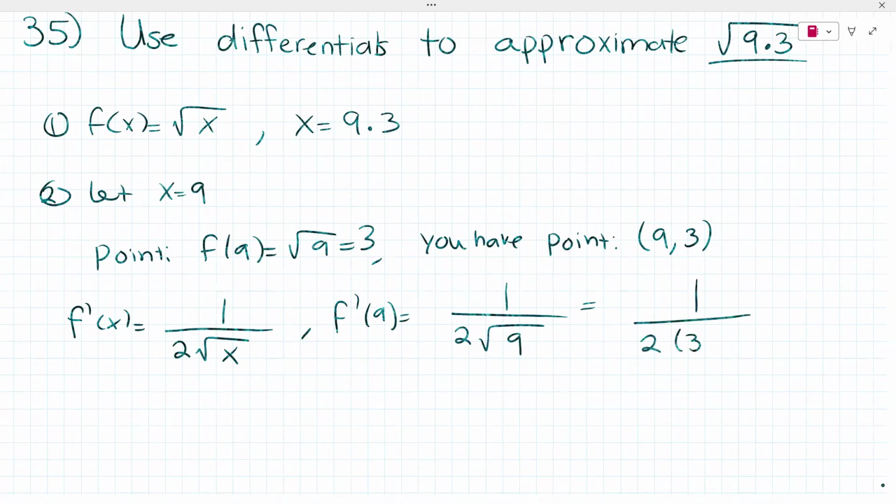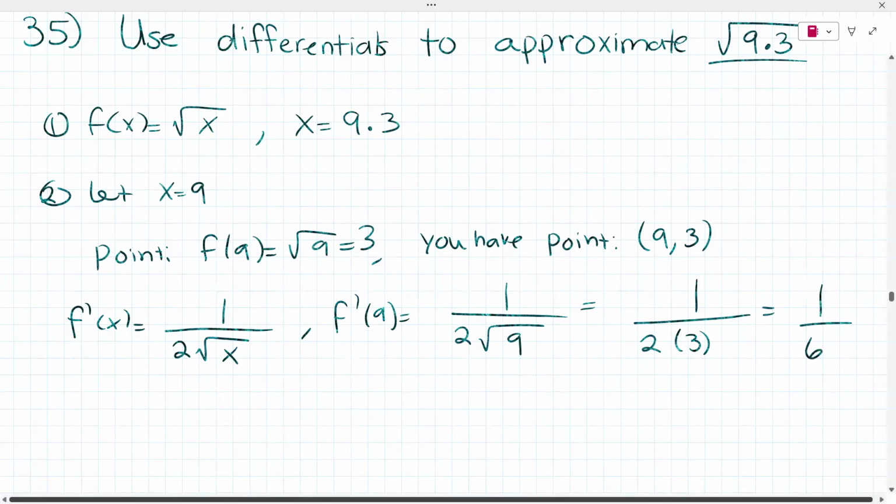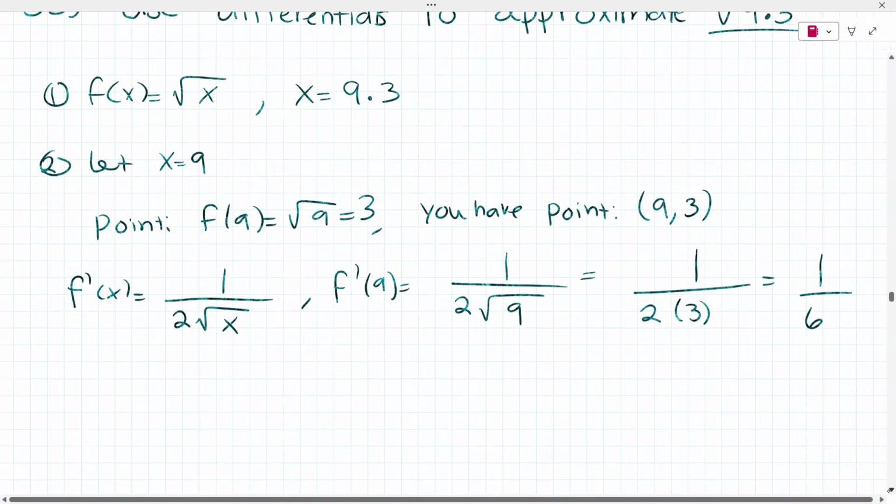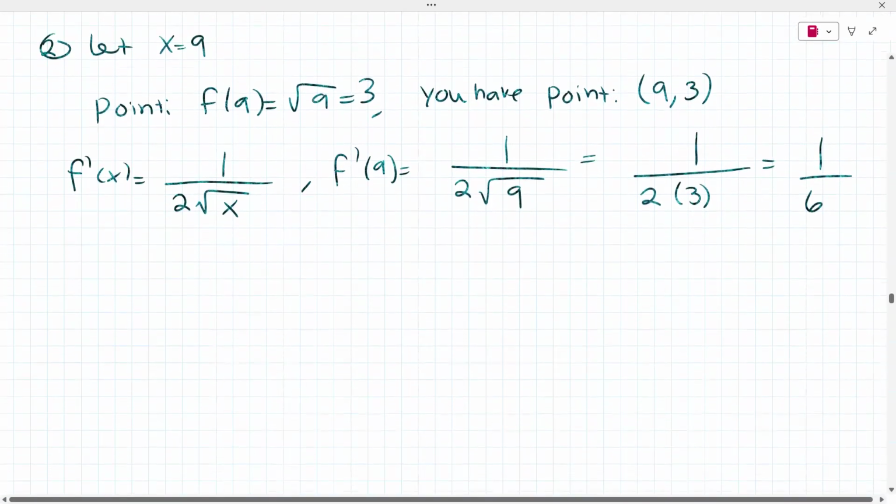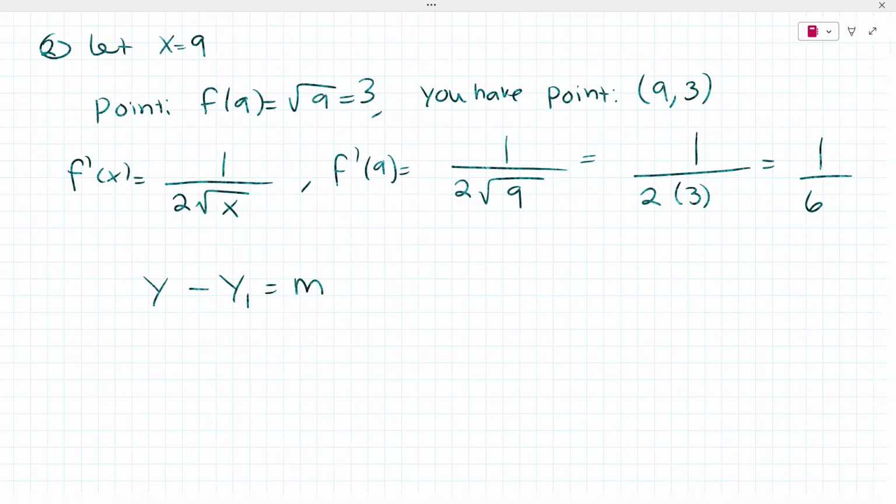Square root of 9 is 3, so that would be 1 over 6. So now we can use point slope form. Okay, so our point is 9, 3.